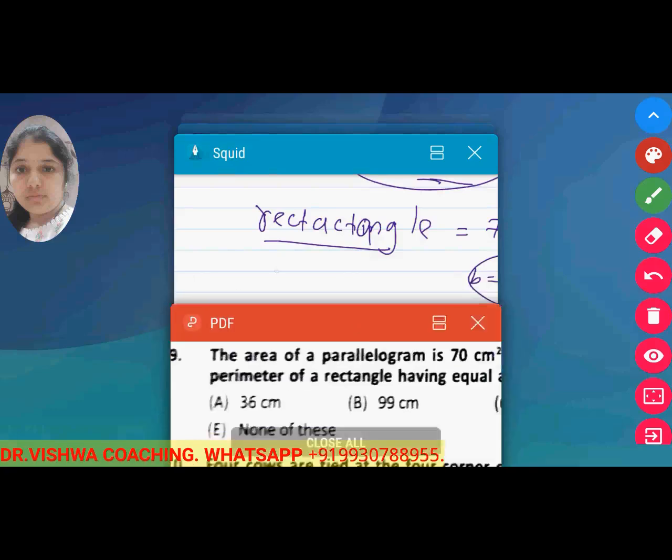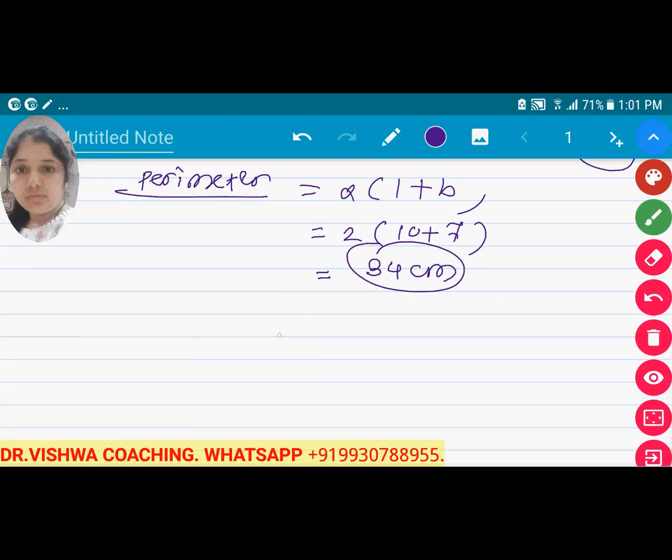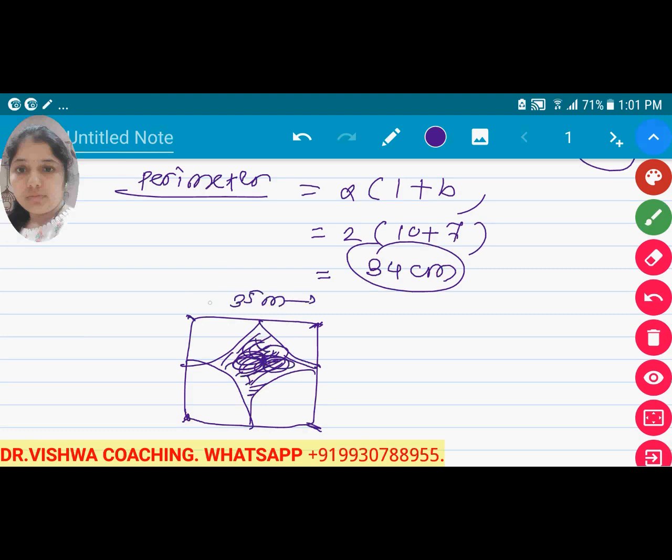Okay, now see, this is the square and at the 4 corners of this square cows are tied and they can reach each other, and this portion remains ungrazed. Okay, here they can't reach. Now this length is 35 meter total, so this is 17.5.